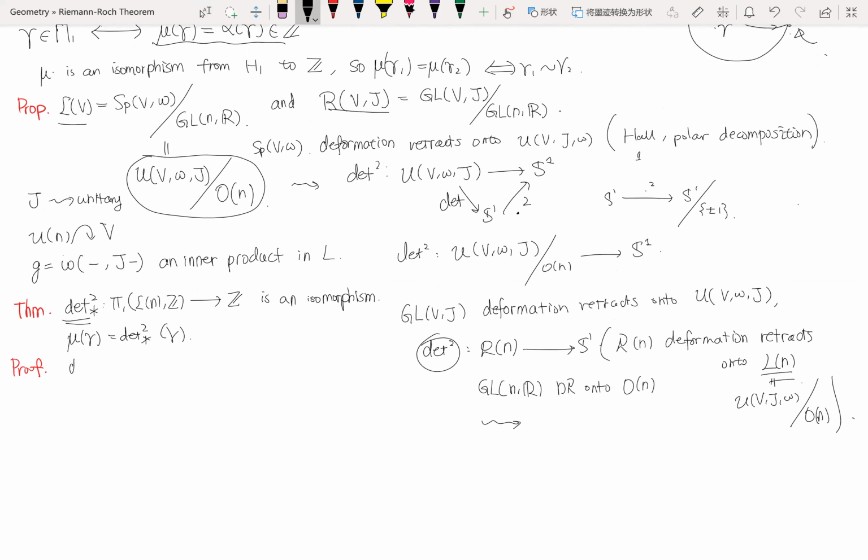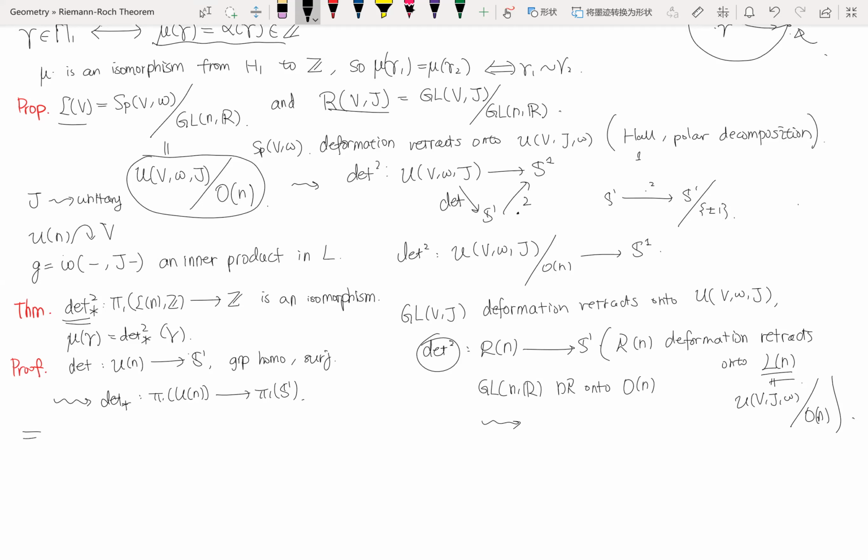So we know that determinant is a function from U(n) to S1. So this will give a map determinant star from pi 1 of U(n) to pi 1 of S1, which is Z. And we know that this is a group homomorphism, and it is surjective; you can easily see that it is surjective.